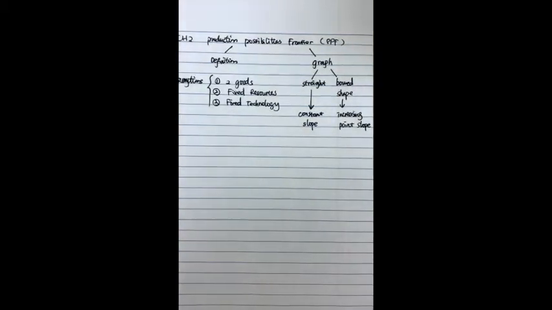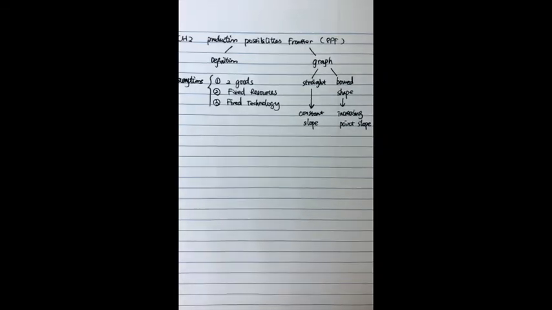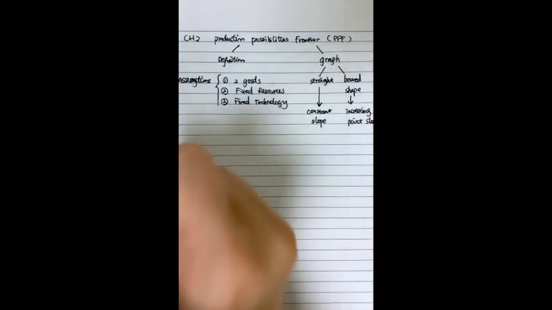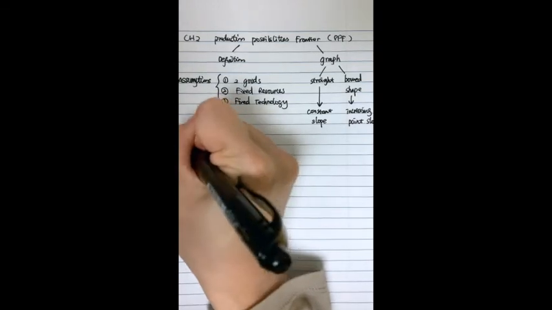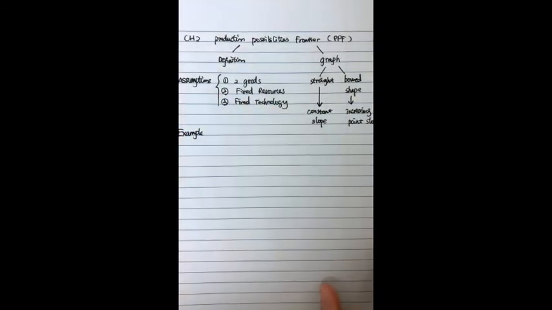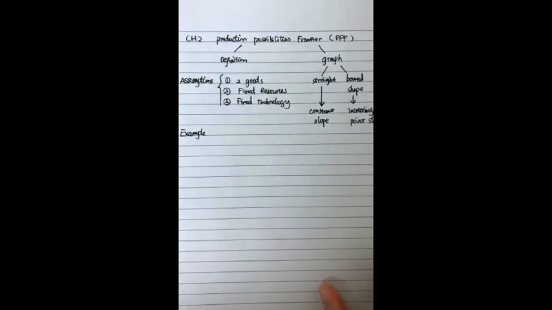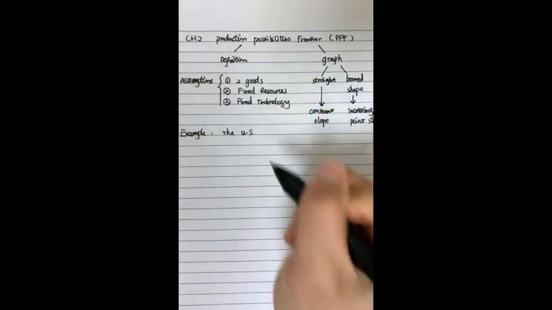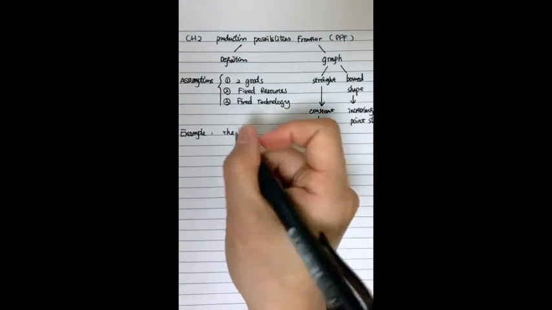Okay, so now let's look at how to use some information to draw PPF from our textbook, okay? So in our textbook, it used the example. Assume there is one country, which is the US. And US has 2 goods, right?